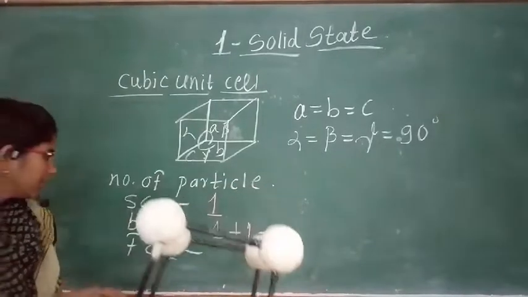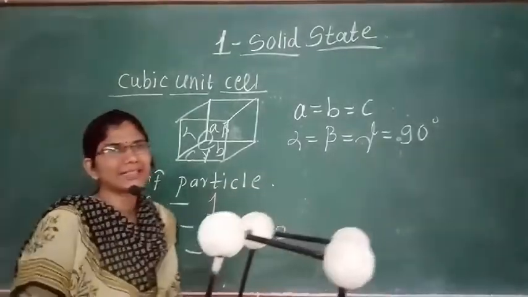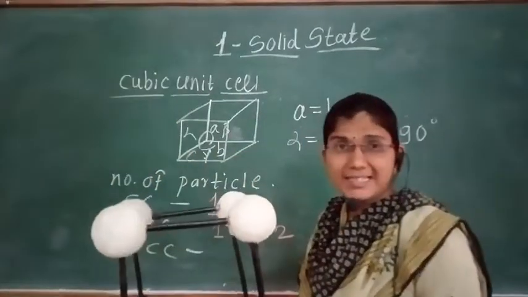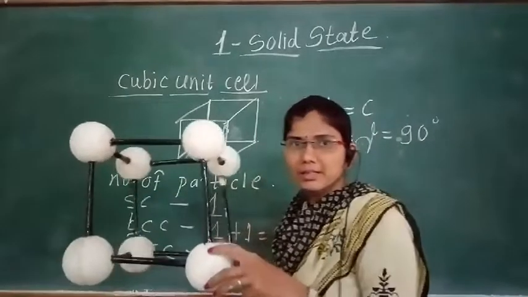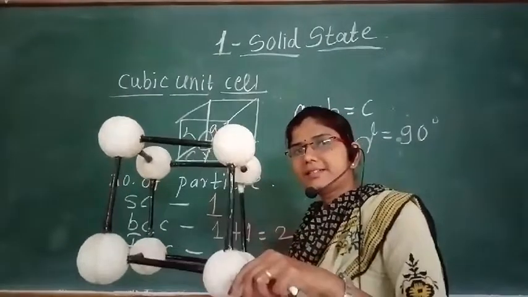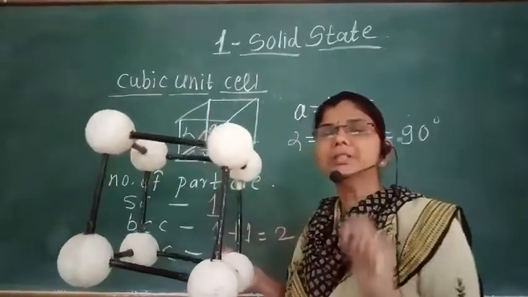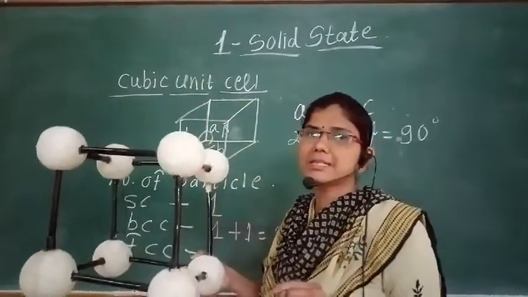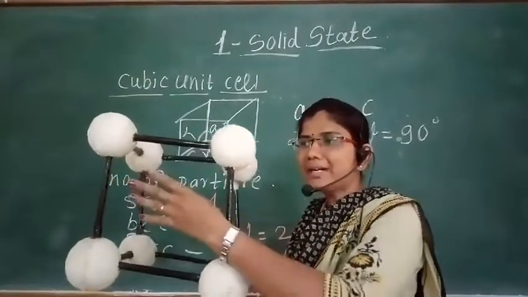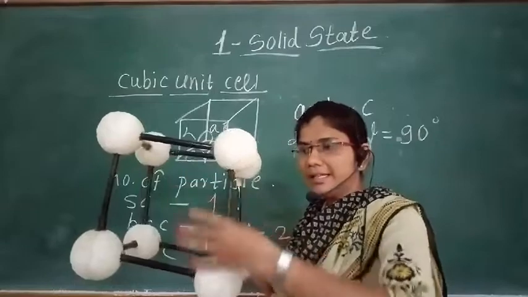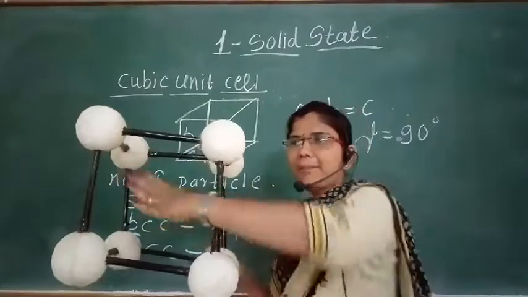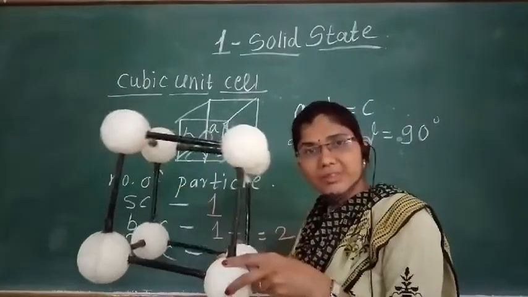And for the face centered cubic unit cell, that is FCC, face centered means along with the corners, that is, with the simple cubic unit cell. For the face centered, how many faces are there per unit cell? There are 6 faces per unit cell. But out of that, only half part is involved in this cubic unit cell. If this is extended on all sides, then only half of each face is in this one cubic unit cell.